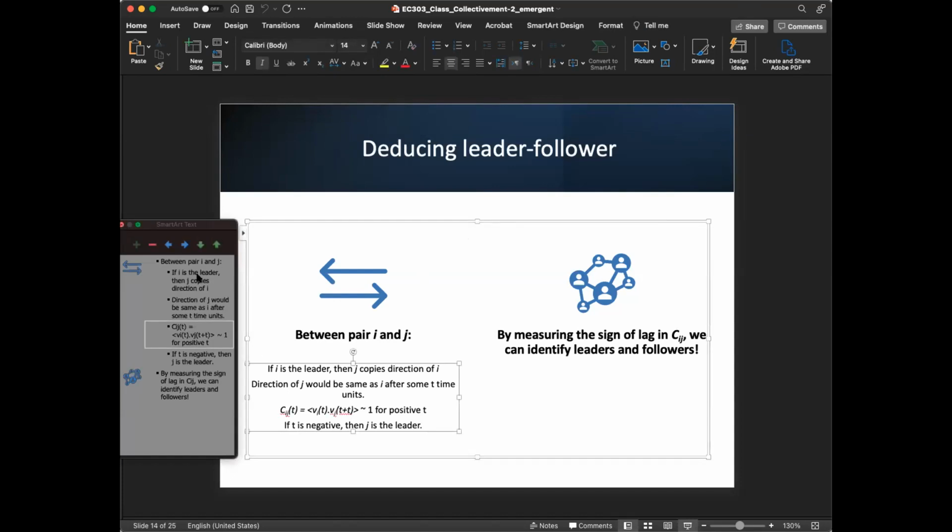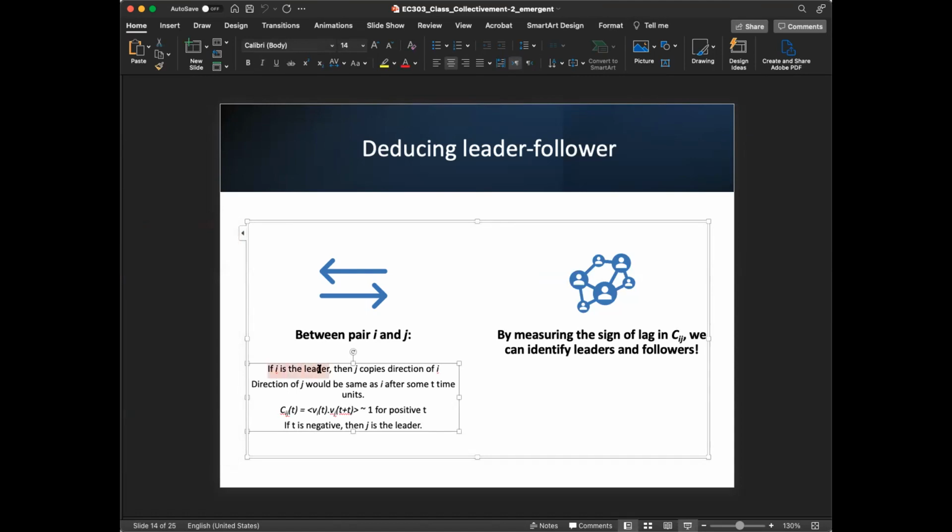Okay, imagine the following. If I is the leader, then what happens? What do you expect? Then J will copy the direction of I, right? What this means is that the direction of J would be the same as I after some time unit. Let's call this T1. Okay, is this clear to everyone? If I is the leader and J is copying the direction of I, J will be trying to copy, but the copying takes some time, right? So let's say T1 is the time it takes to copy.